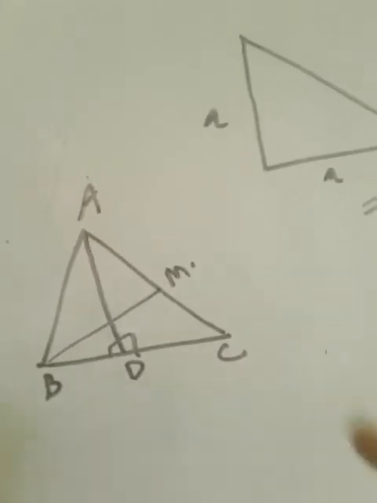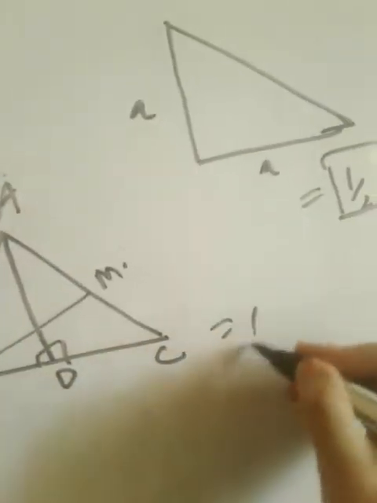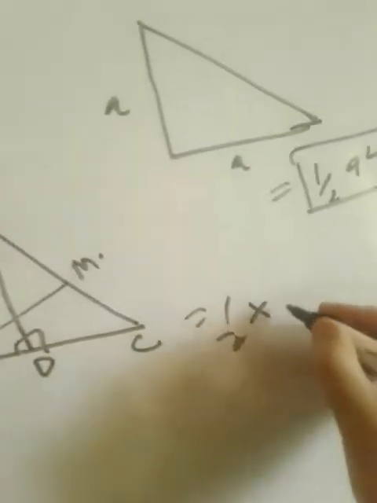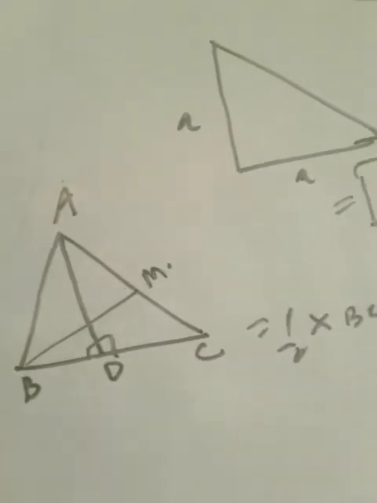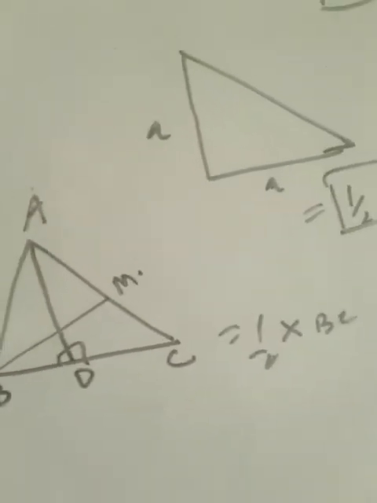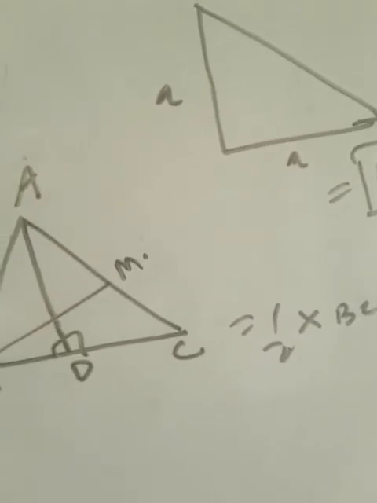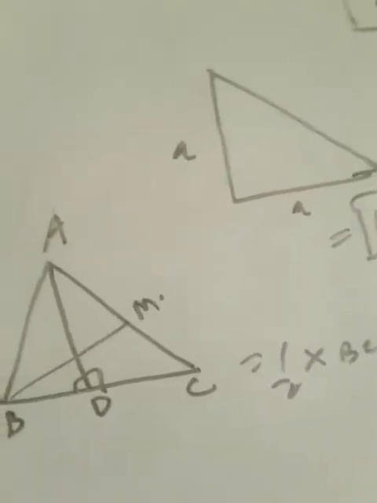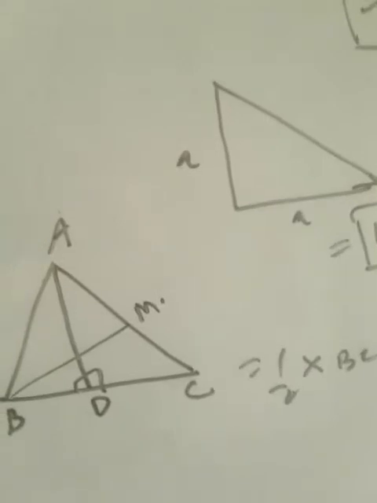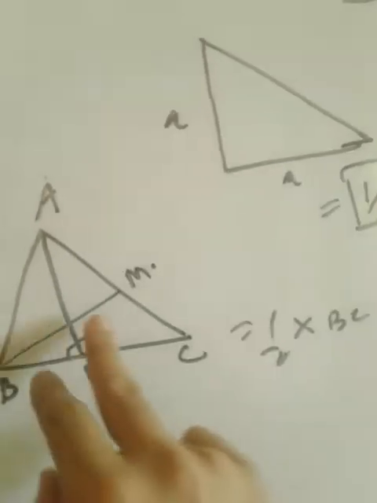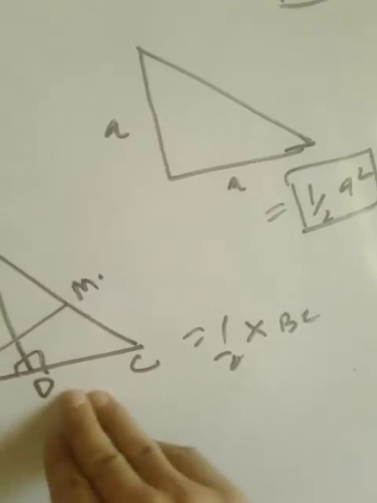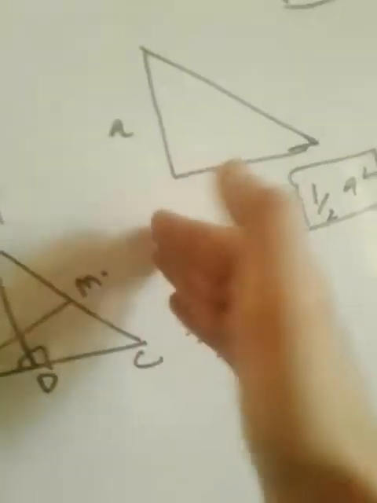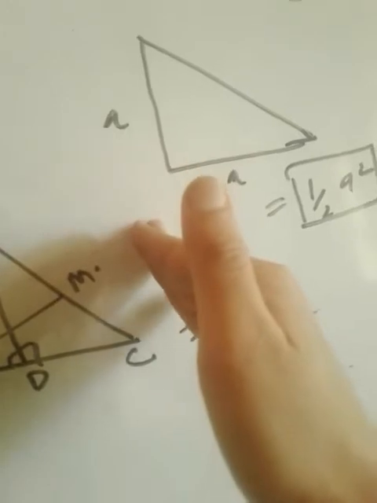Whenever you are asked what the area of the triangle is, you usually say it is 1 by 2 base into altitude. But that is not the correct way to express it. Why? Because there are two altitudes. If you select base BC, the altitude is AD, but BM is also an altitude.